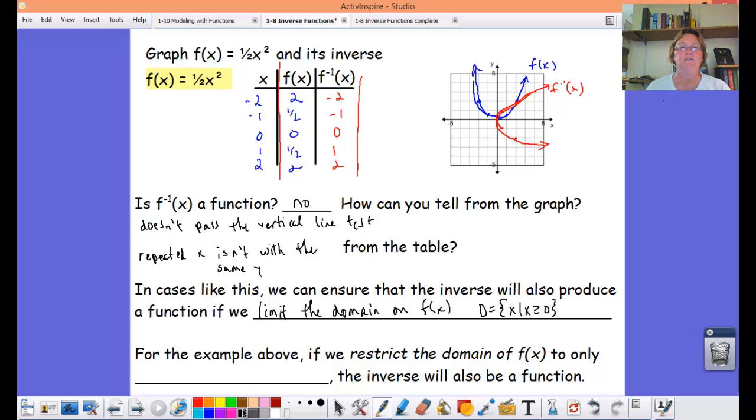I'm going to outline those both in black. Restricting the domain to only positives would give us this branch of the parabola and this branch. That can be a function, right? And we got that by limiting the domain on the original. So as we said, if we limit that domain to only positive x, then we get a function in the inverse.